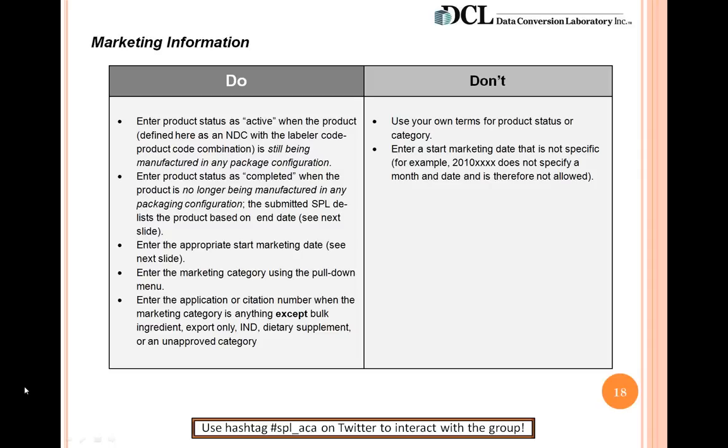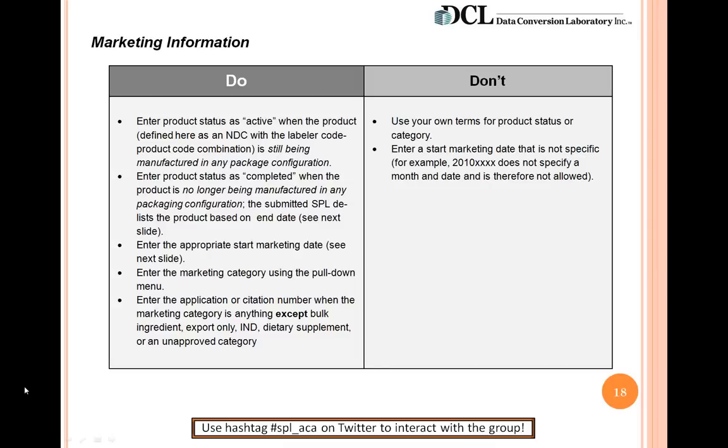It's completed when the product is no longer being manufactured in any packaging configuration. So the mistake people make is if they have 2 labels for the same product, but they have a bottle of 100 and they have a bottle of 30, and maybe they have it as 2 separate labels.